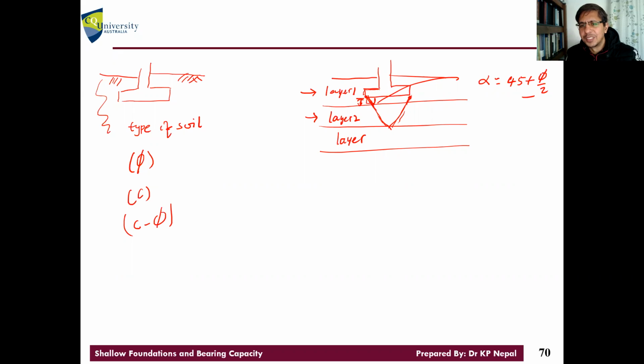I will move this footing and just put it over the lower soil only. You see, that's the practical way of doing things. You don't know how the failure occurs, so why worry about that? In this case, you can use only layer 2 bearing capacity parameters to compute, right? And that's how we do it.